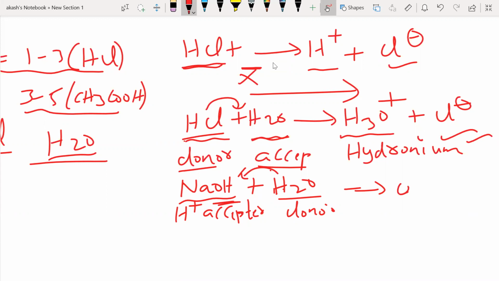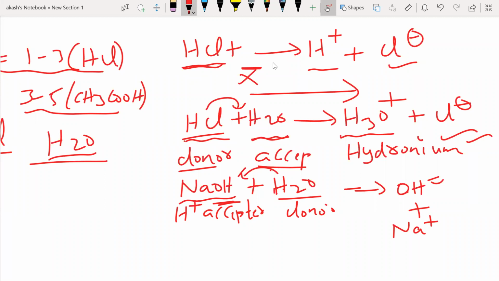OH minus will be remaining from the water molecule. And obviously, Na plus will be remaining, no doubt about it. Now this OH minus has accepted H plus.